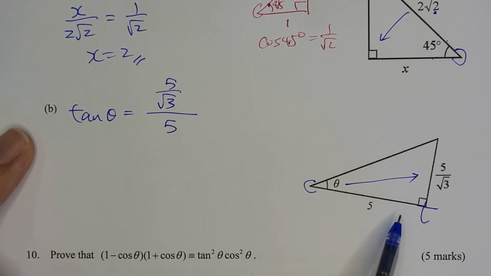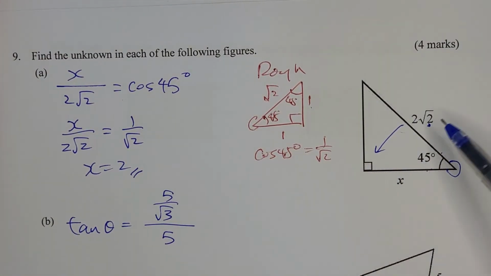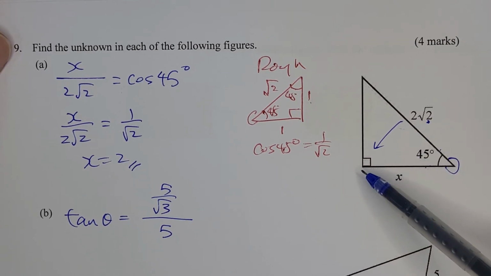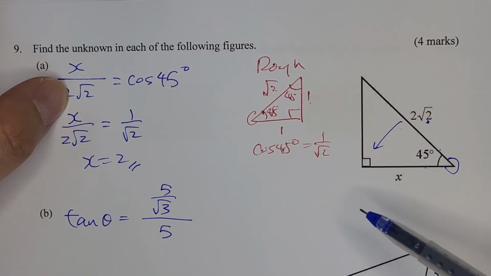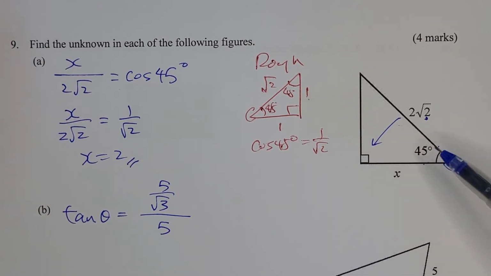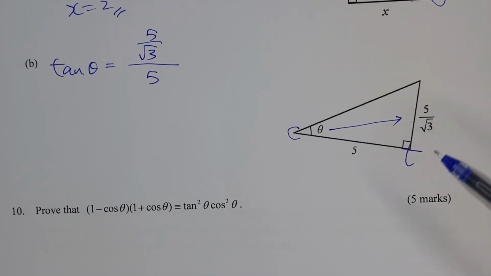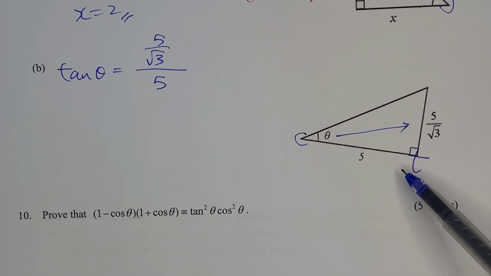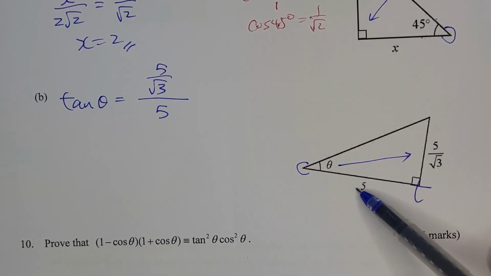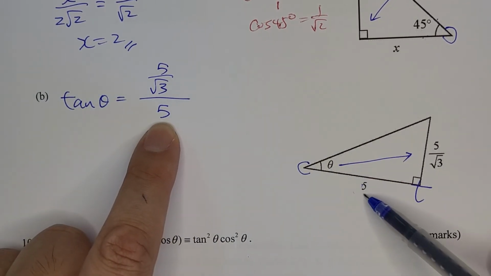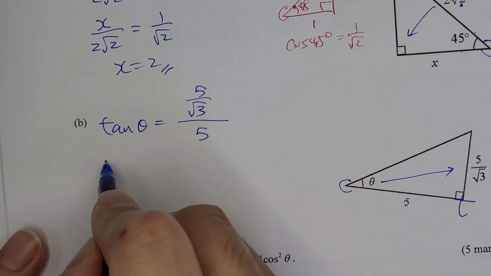If you're using cosine, hypotenuse will always be in the denominator. Also with sine, hypotenuse is always in the denominator. But when you are using tangent, then the adjacent side will be in the denominator. Okay?